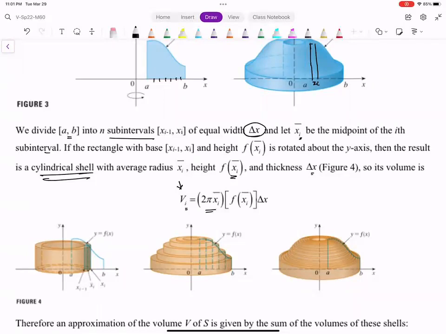So the circumference would be 2 pi x_i bar, then the height f of x_i bar, then delta x. That is circumference, height, and thickness.